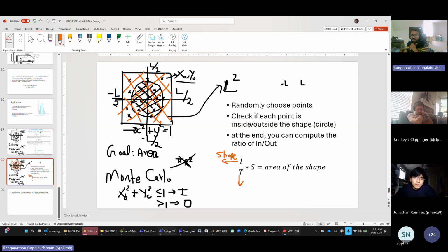It's just uniformly distributed throughout the area. So if I take this ratio, that tells me the ratio of the favorable number of points to the total number of points. And if I multiply that by the total area from which I am collecting these points, that should tell me the area of the shape that I am biased towards. Okay, that makes more sense.